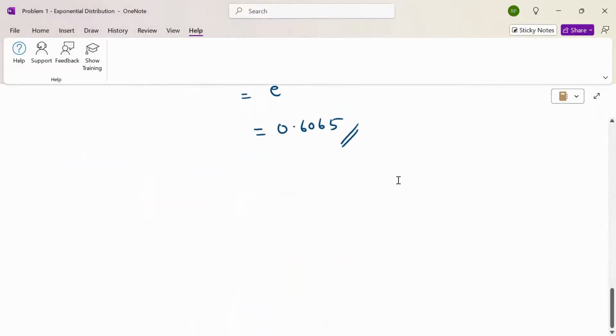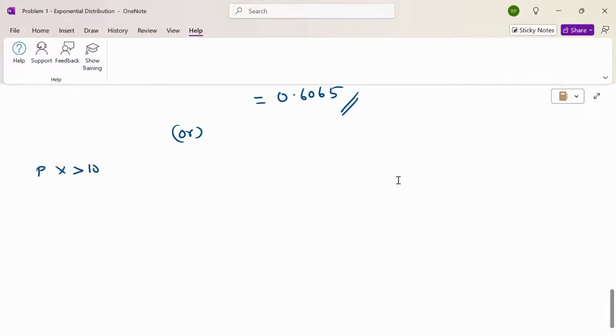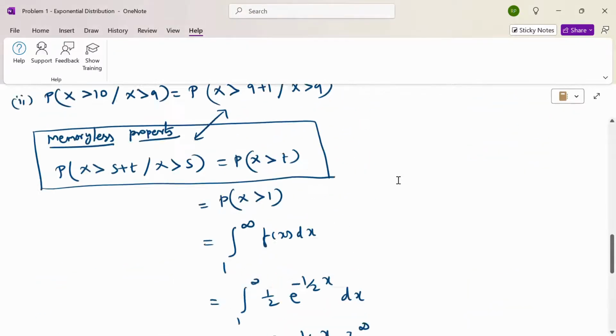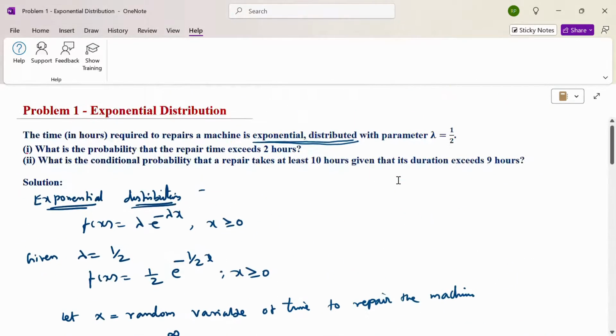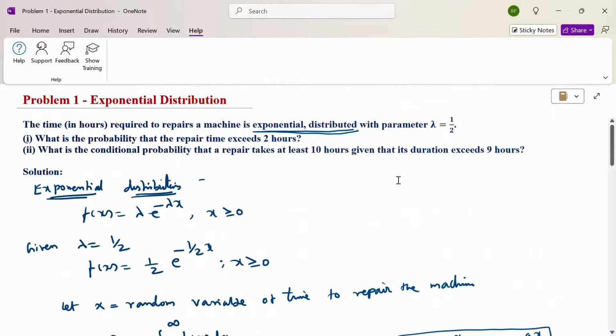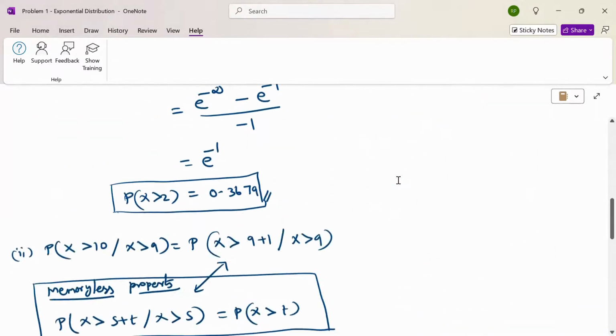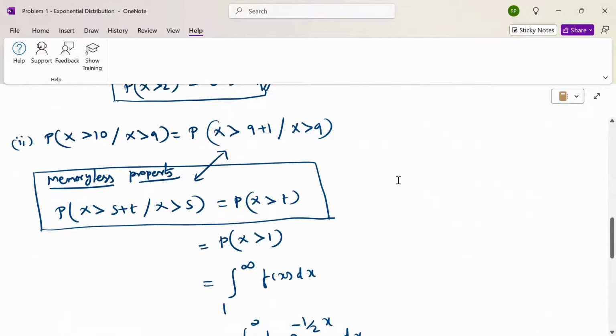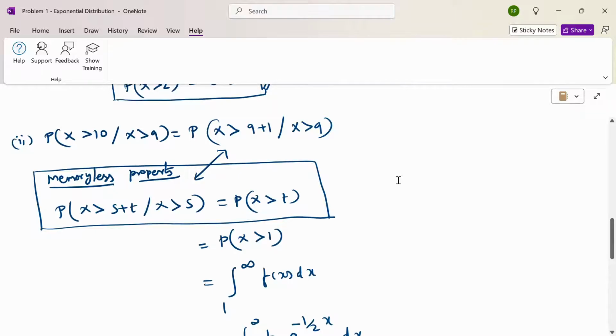Now another form, without using the memoryless property: x greater than 10 given x greater than 9. So what is the probability that the repair takes at least 10 hours? At least means greater than or equal to 10.